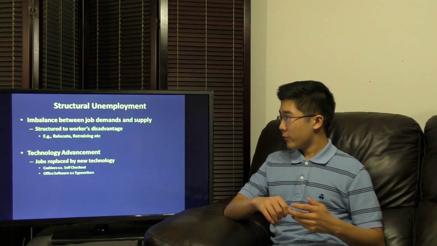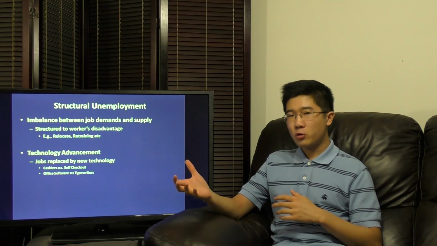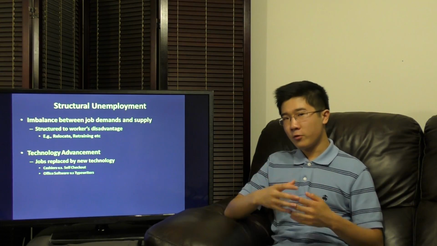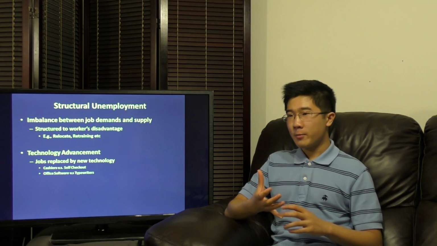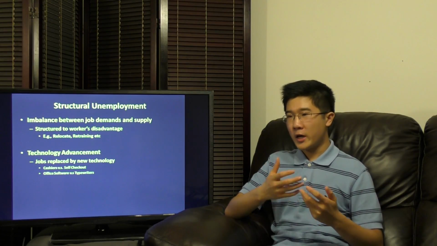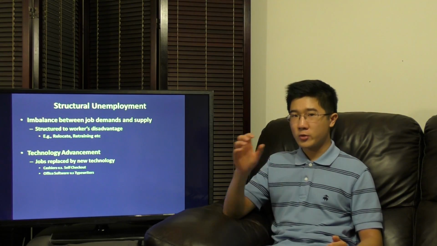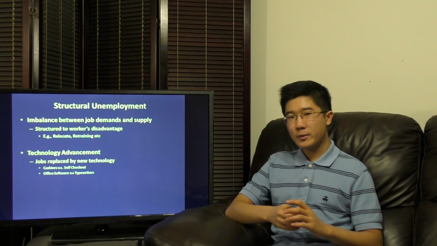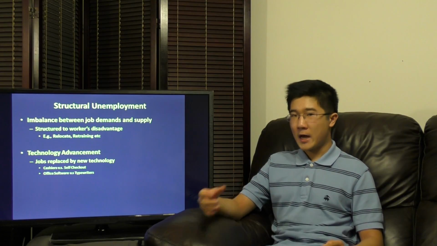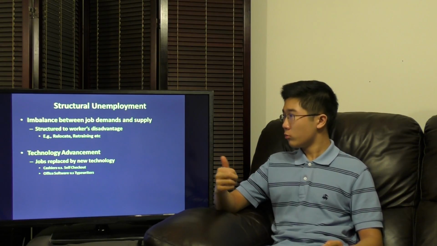For instance, let's say there are many medical jobs in the East Coast region, but a worker in the Midwest, where there are not a lot of medical jobs, may be left out due to the fact that his or her location may not have enough demand for his or her skill set, although another region may have that demand. So this might necessitate the worker to relocate to another location if he or she has resources to do so. Of course, many times they don't, which causes structural unemployment.